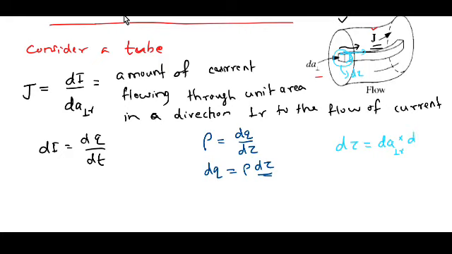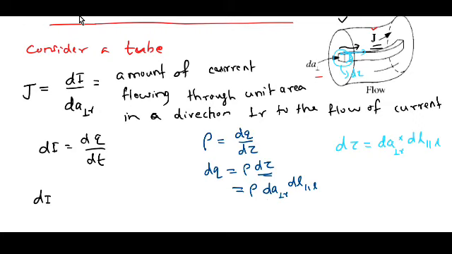That length of the small cubic element parallel to the current flow is dl parallel. Therefore, d tau can be written as dA perpendicular into dl parallel.